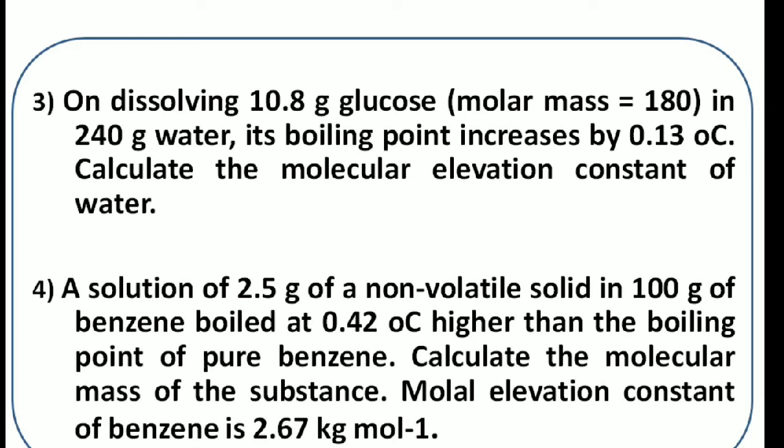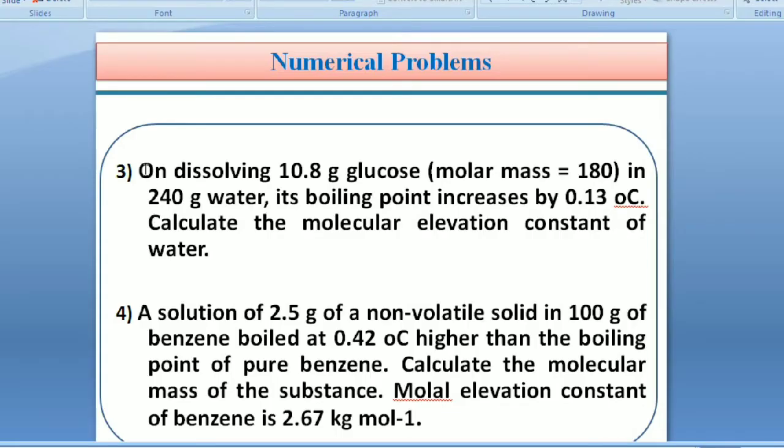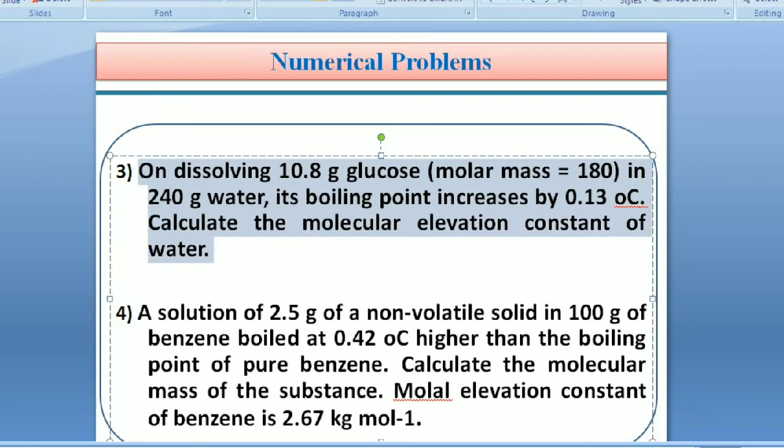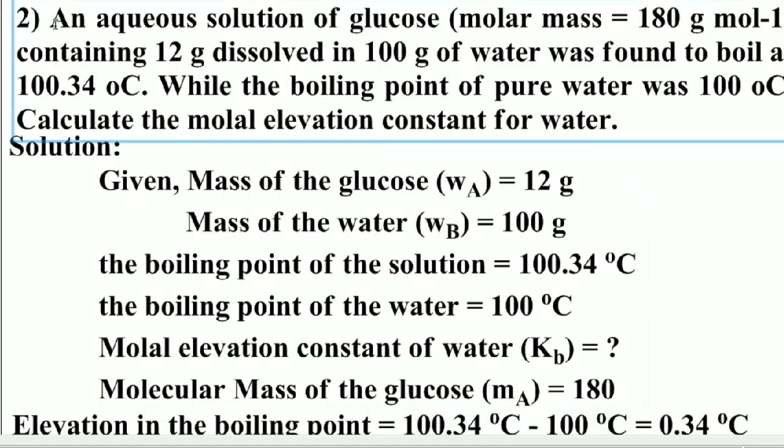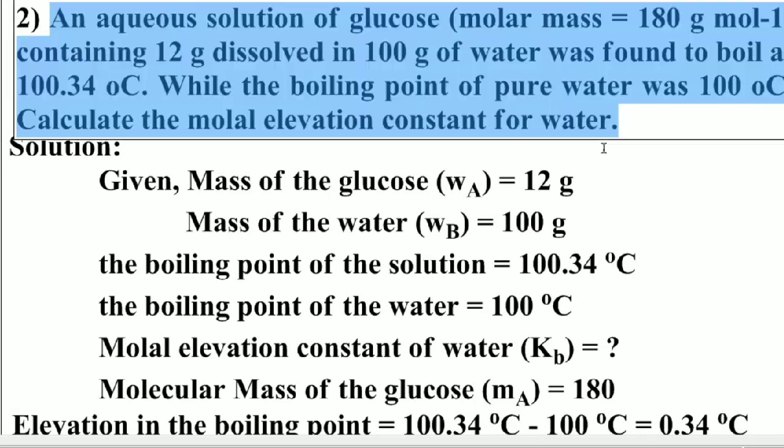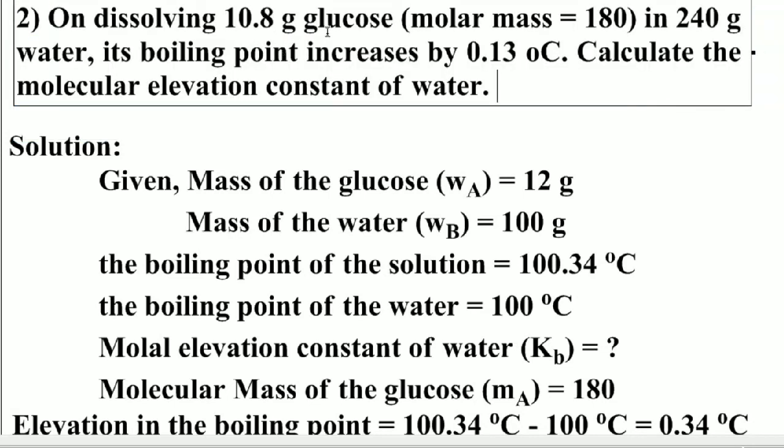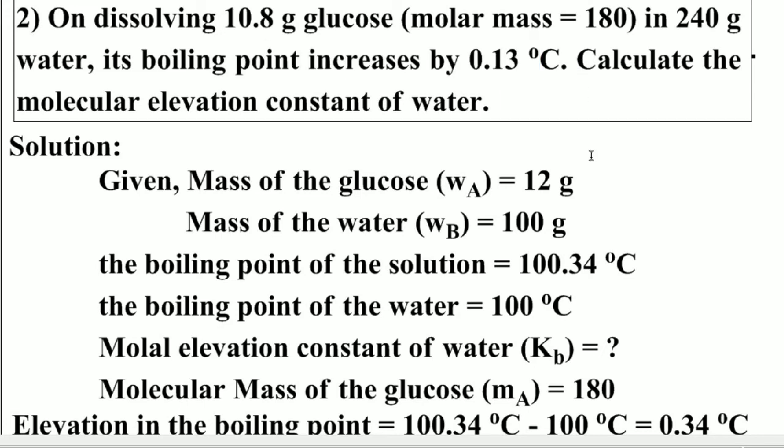Students, k dash of water should be calculated in the given problem. Now you can write the given problem. On dissolving 10.8 grams of glucose whose molecular mass is 180, in 240 grams of water, its boiling point increases by 0.13 degrees centigrade.